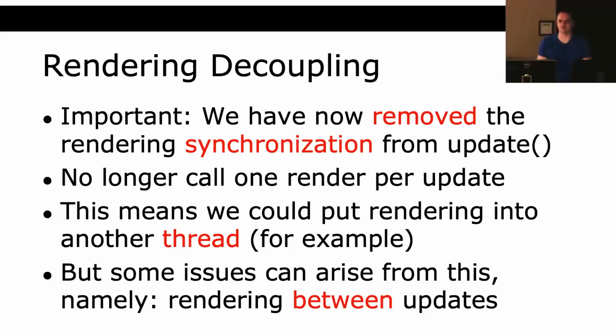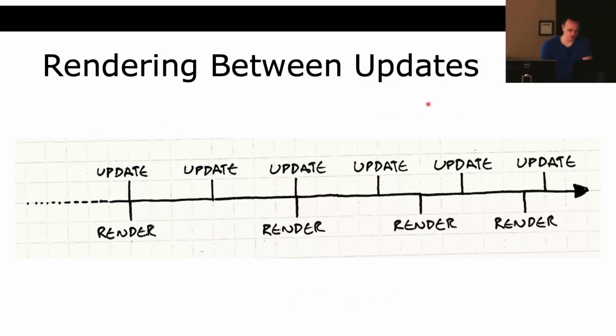And it's not just as simple as putting them in different threads and everything is solved. For example, you could be rendering between updates, right? So if I've just got my updates running as fast as possible, and my renders running as fast as possible, here it took 2 updates before the next render, but look, here, maybe this render didn't take as long. And so now we're rendering between 2 update steps.